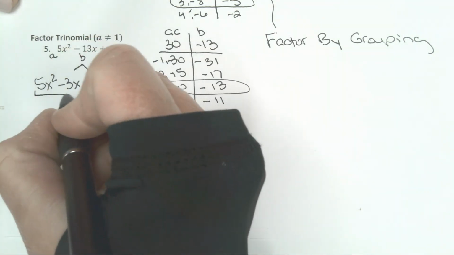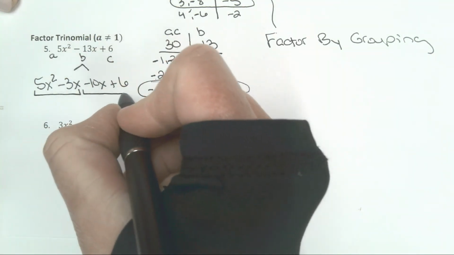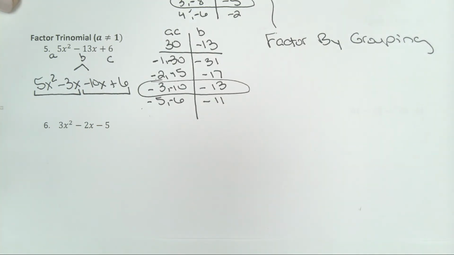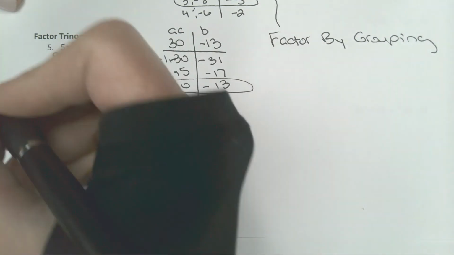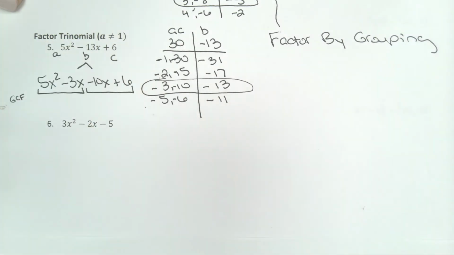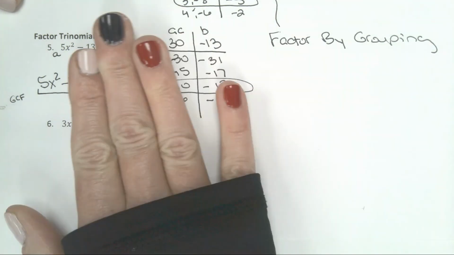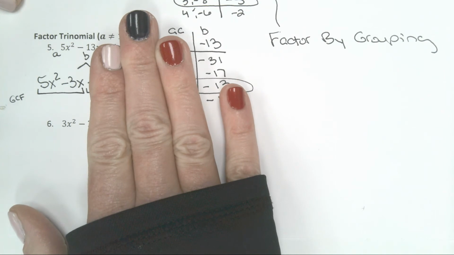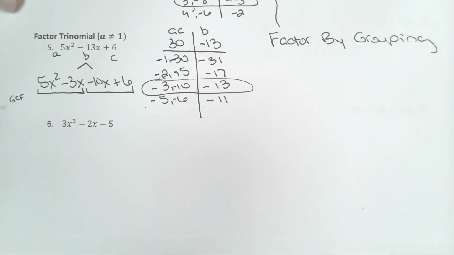So in factor by grouping, what you do is you group the first two terms and the last two terms. And now we're going to factor out the GCF. So if you refer to problems 1 and 2, that's what we're going to do. So we're going to pretend that those other two terms don't exist right now.